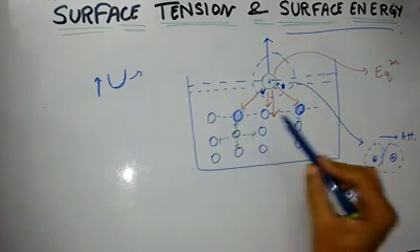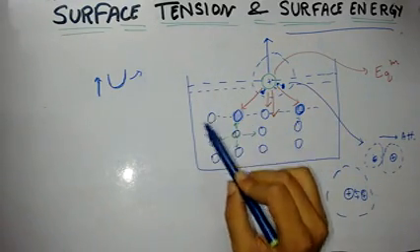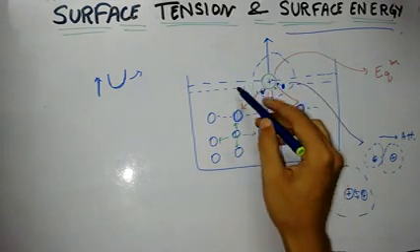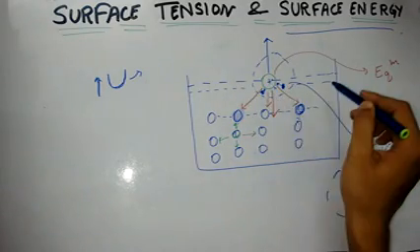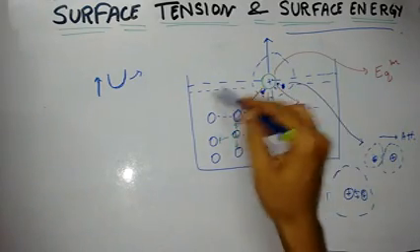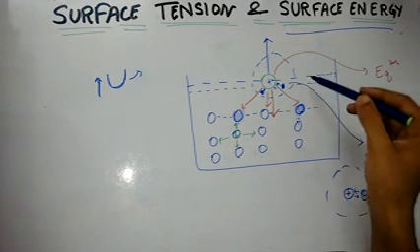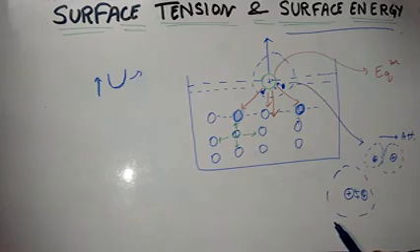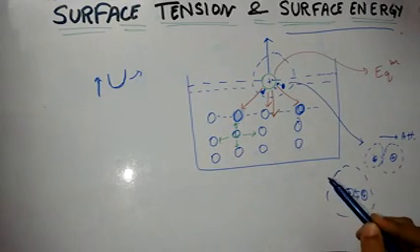So the system will try to have the minimum energy. They will act like a stretched membrane to decrease their surface, in a state of minimum energy.